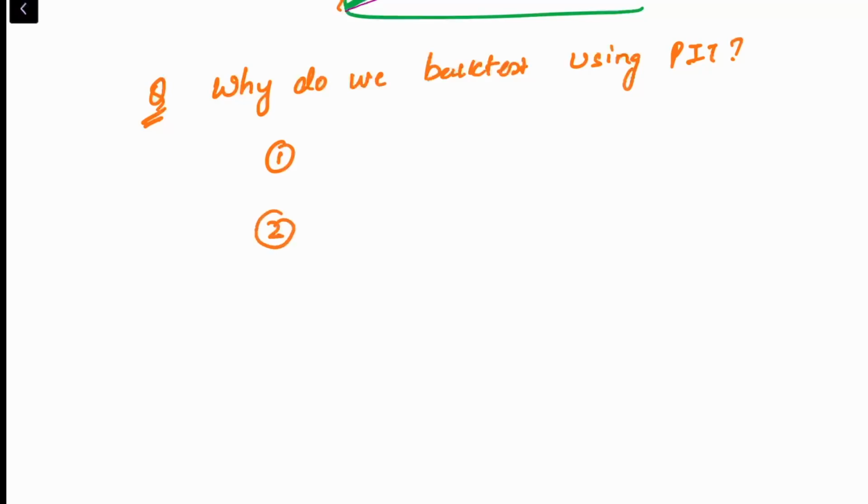Second, PIT values are uniformly distributed between 0 and 1. Point number 3, PIT values are independent over time.